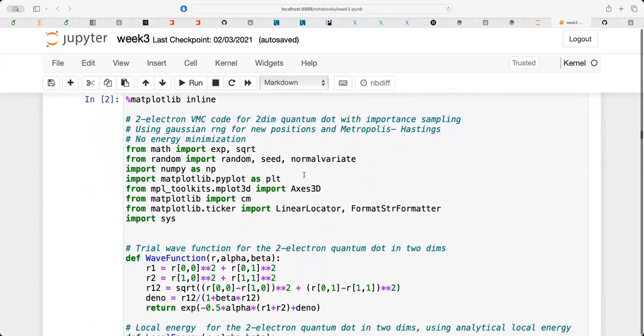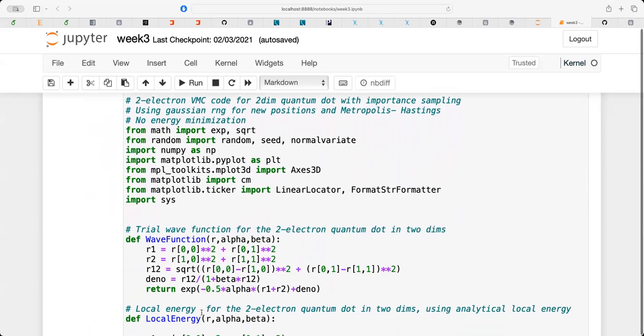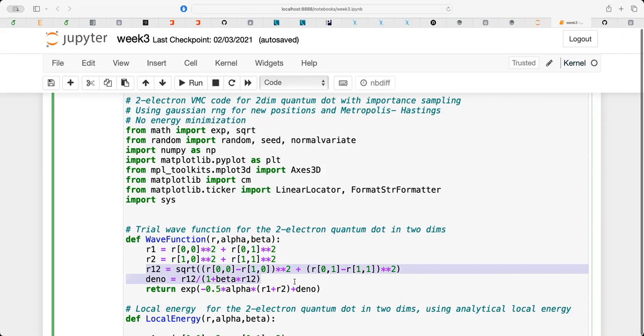Now, as you can see here, I have coded this specific trial wave function, which now includes this correlation part. But the plain harmonic oscillator coordinate is given by these two terms, this one for particle 1 and this for particle 2. Then I calculate the relative distance. In project 1, when you begin, you don't need to evaluate that part.